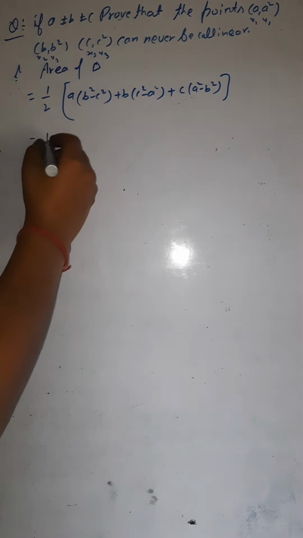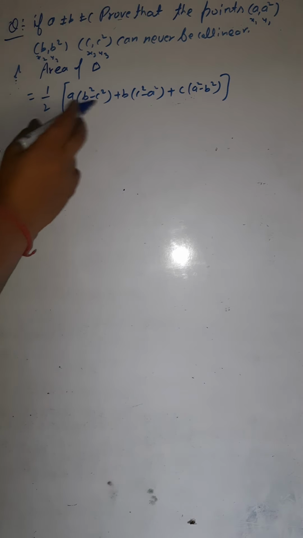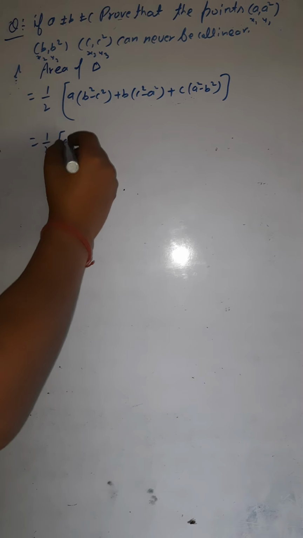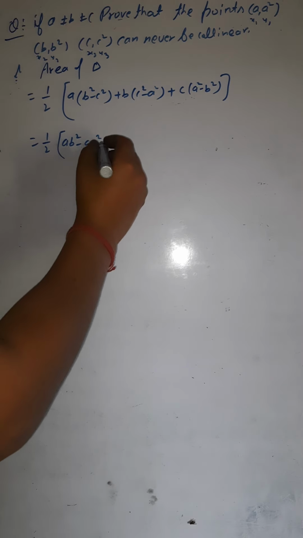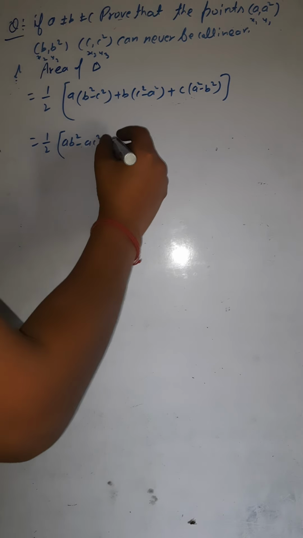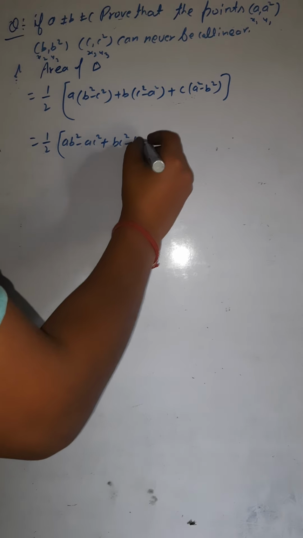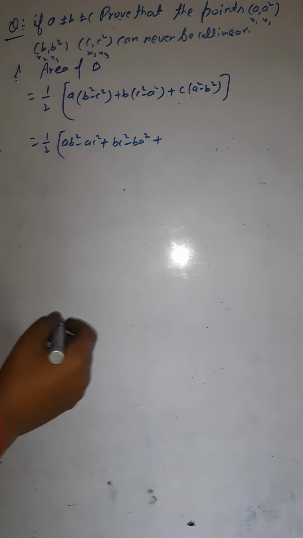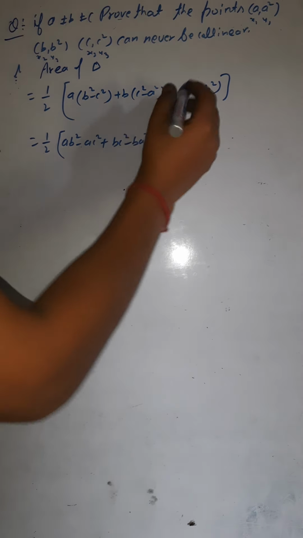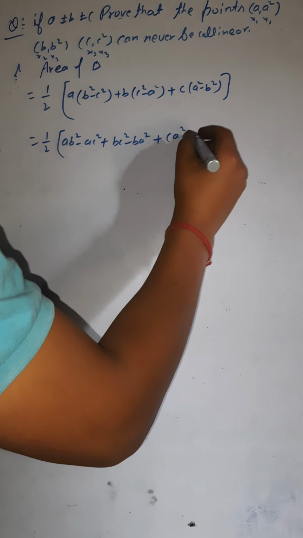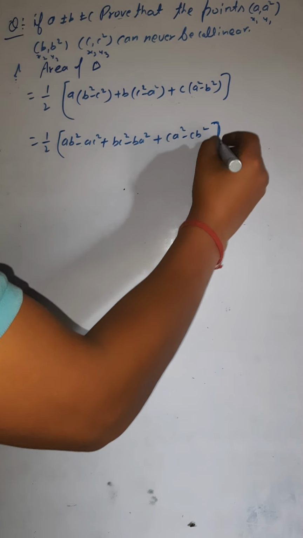So let's find it out. 1 by 2, just multiply inside: ab square minus ac square, similarly bc square minus ba square, plus ca square minus cb square.